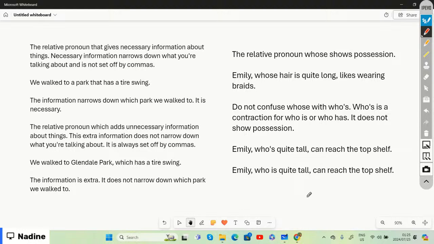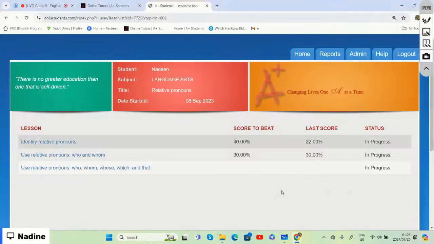All right. So now we're going on to aplusstudents.ca, and we are going to our test. So we went over in our previous lesson how to identify relative pronouns, and we used relative pronouns who, what, and whom.